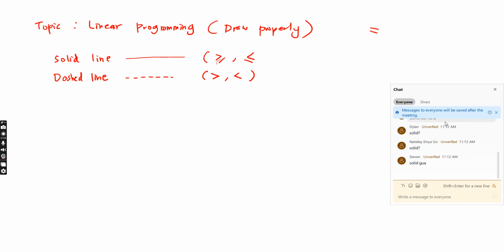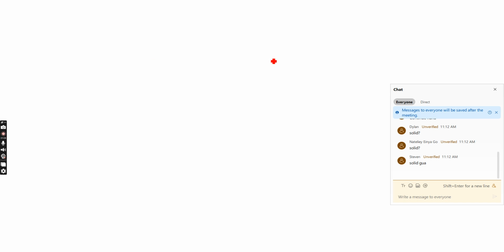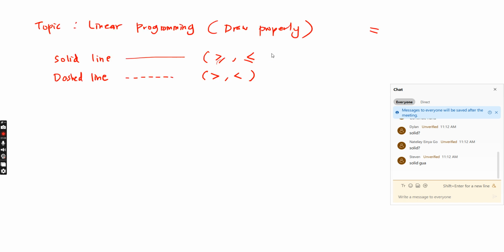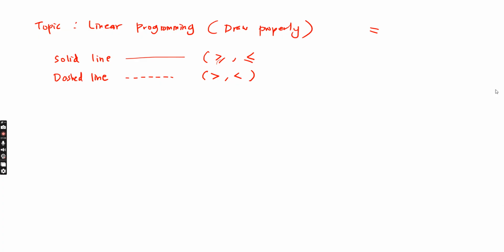Anyone? Solid, correct. We use solid. So the equal sign is also included in the solid line. So you just need to know these two things when you want to draw.